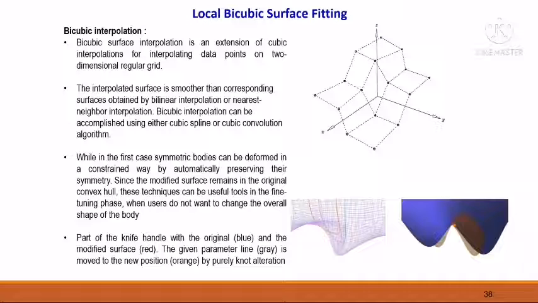In this image, the blue surface is the original surface, and the red surface beneath the blue is the modified surface, made by changing this orange line from among these gray lines. This orange line is a new position where we insert, so it adds more details.